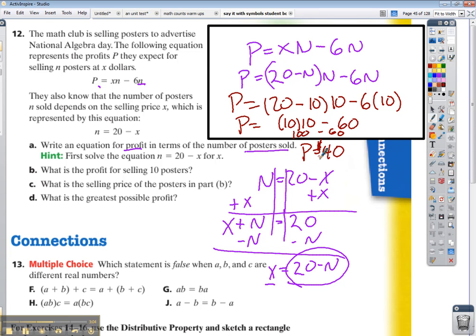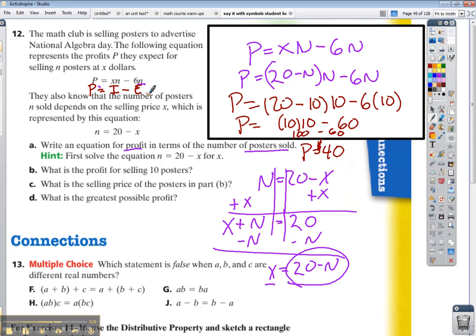What is the selling price for the posters in Part B? Well, profit is always equal to income minus expenses. All right, so profit is always income minus expense.